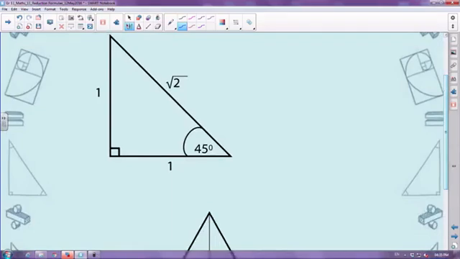With the special angles, when you are working with 45, say for instance you need to know what sine 45 equals. You know that sine is opposite over hypotenuse, so that's going to be 1 over the square root of 2, or you can rationalize the denominator and then you get root 2 over 2.